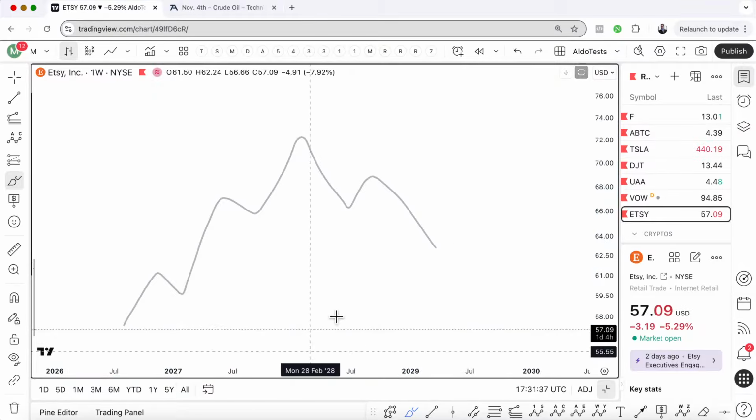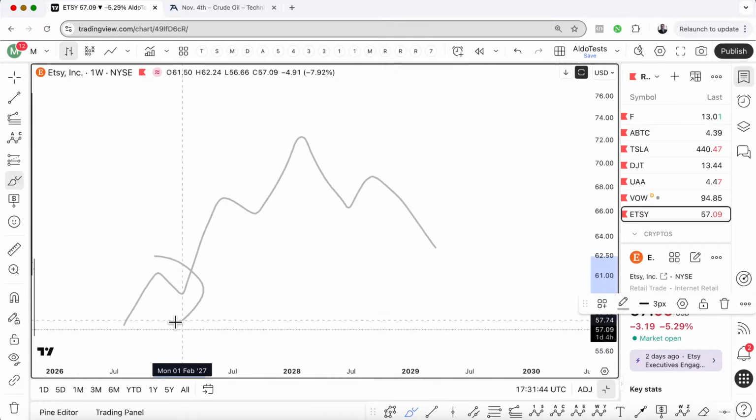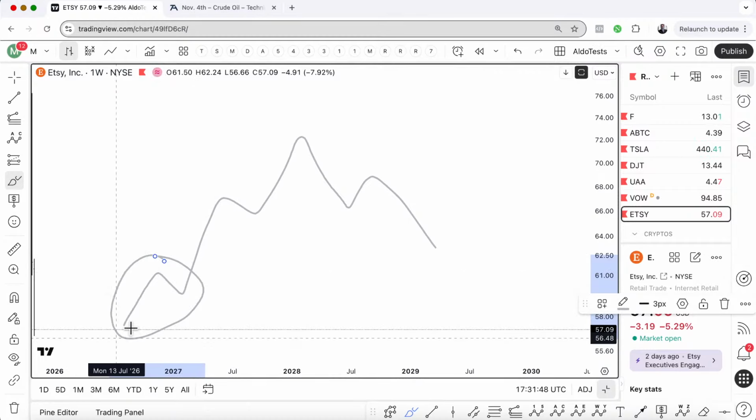And if you remember, we mentioned that this was fractal. Therefore, this part here was the microscopic version of this bigger version. In other words, this would be the microcosm and this would be the macrocosm.